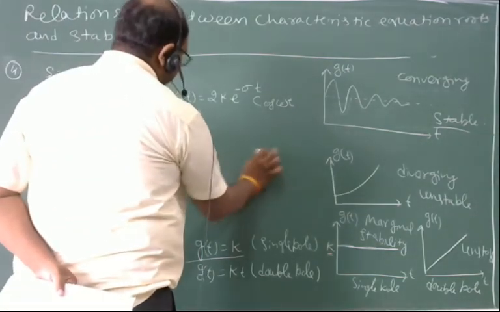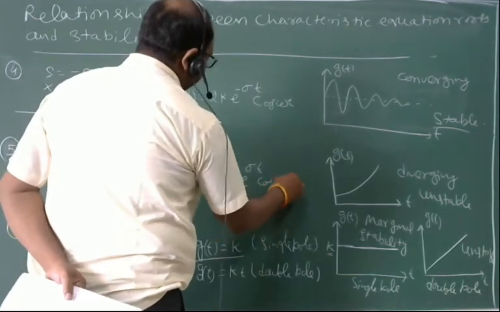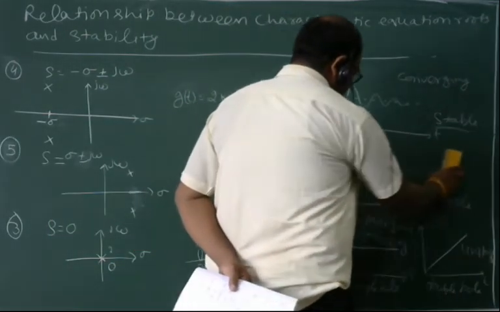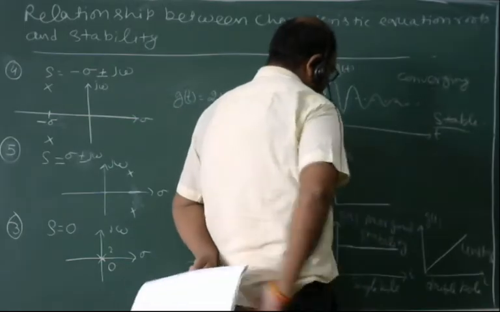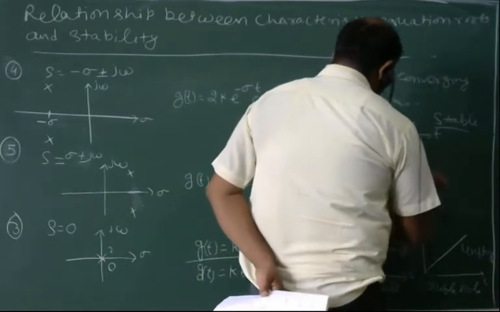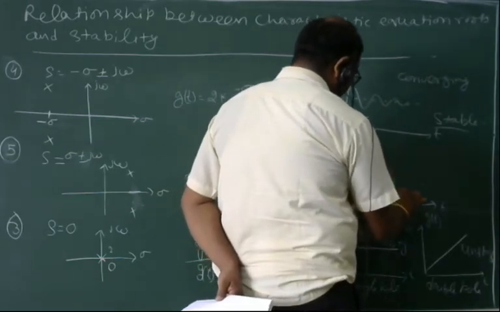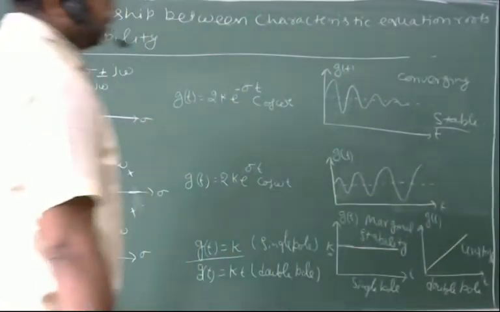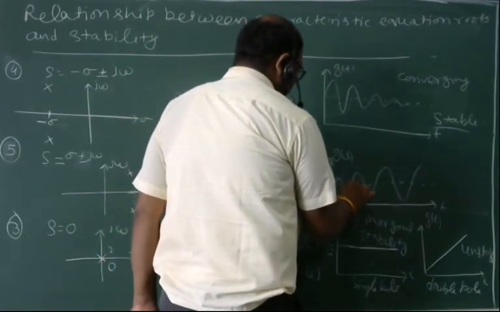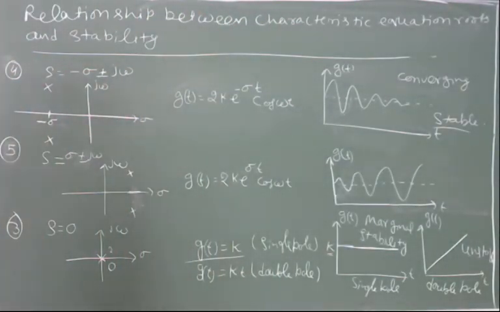In this case, g(t) will become 2k e raised to sigma t cos omega t, and its graph can be drawn like this.